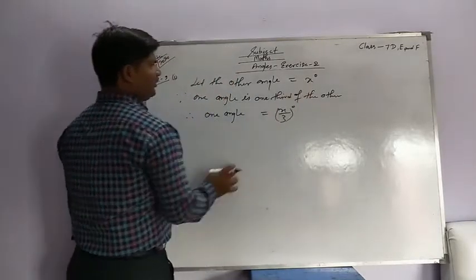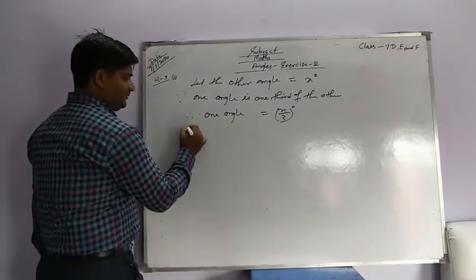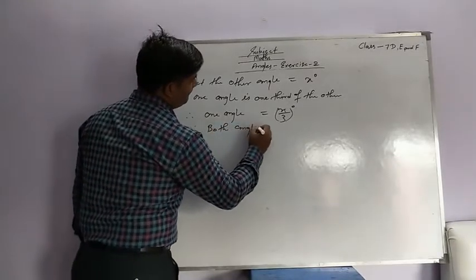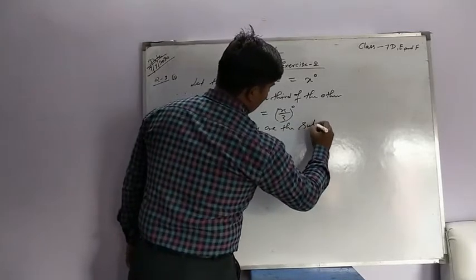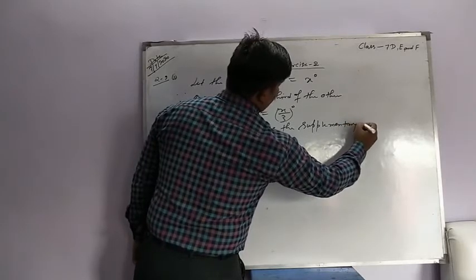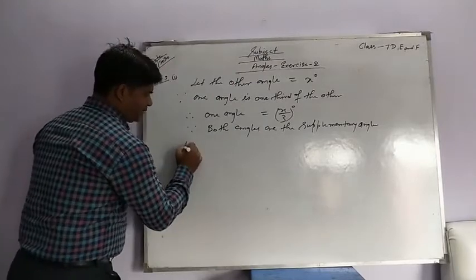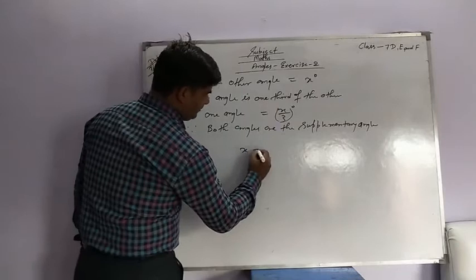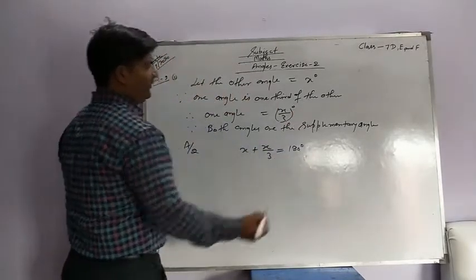Okay, since both angles are supplementary angles, therefore according to the question, x plus x by 3 is equal to 180 degree.